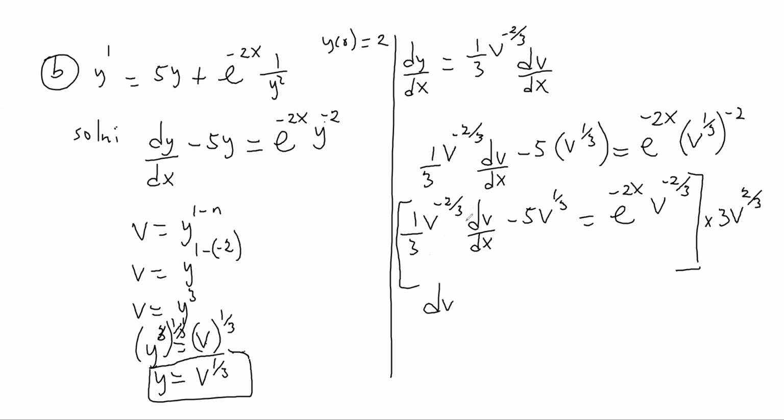So I will have dv by dx minus 3 times 5 is 15. Now I have v raised to the 1/3 and 2/3, so 2 plus 1 is 3, 3 divided by 3 is just v. e raised to the minus 2x, and then I'm multiplying it by 3. So yeah, I have 3, and then this v raised to the minus 2/3, positive 2/3, just goes out. So now I have this.